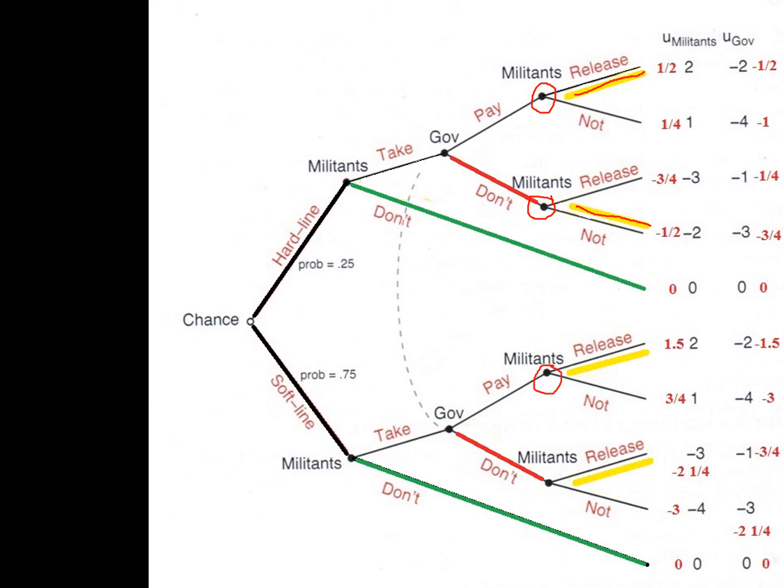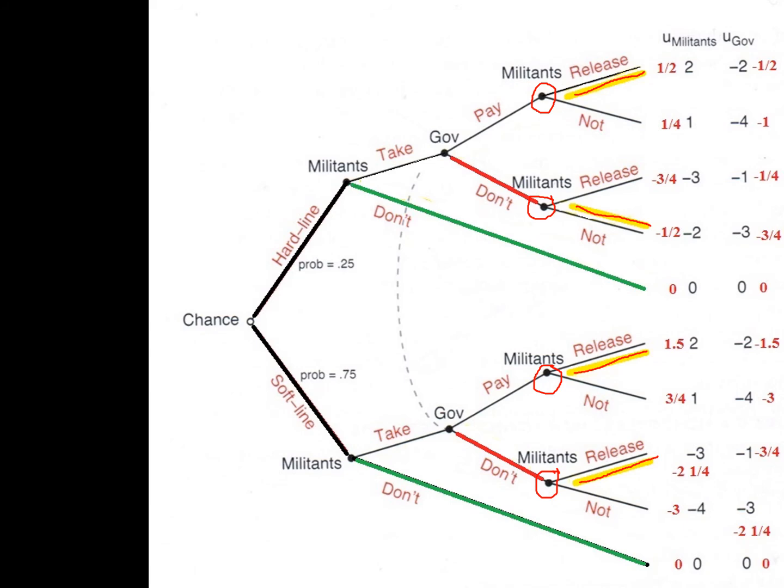Minus half is the less bad choice, so they're going to choose not to release the hostages. In the third node, the militants have a choice between a payoff of 1.5 or 3/4. 1.5 is better, so they're going to release. And in the fourth node, the militants are going to choose between minus 2 1/4 and minus 3, and minus 2 1/4 is the less bad choice, so they're going to choose to release. So these are the 4 choices.